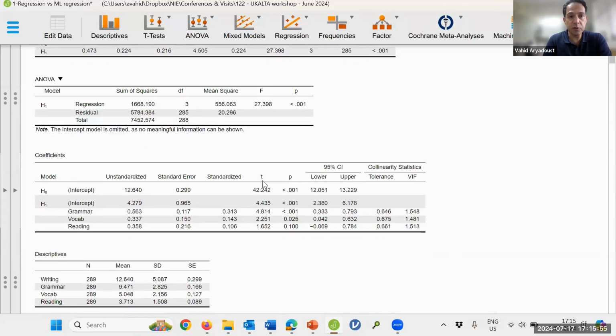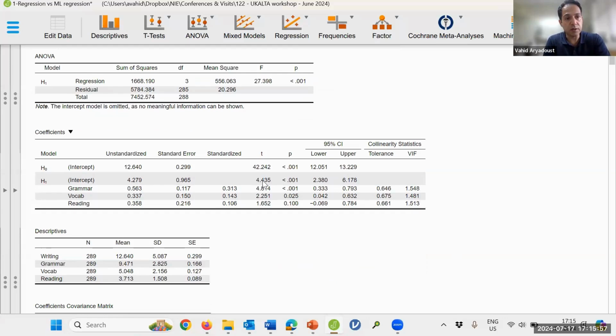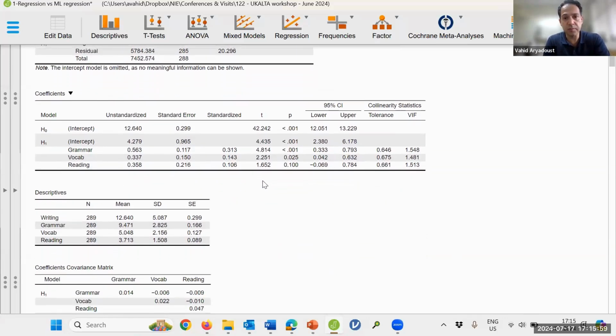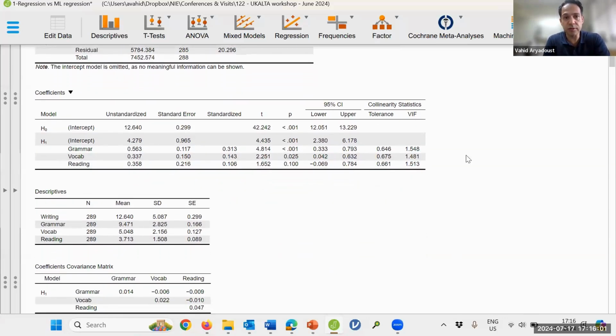Okay, so I'm going to quickly go to coefficients in the interest of time. I have already discussed tolerance and VIF. Now, for coefficients, as you can see, H0 has an intercept of 12.640. Question: what is 12.640, everybody?